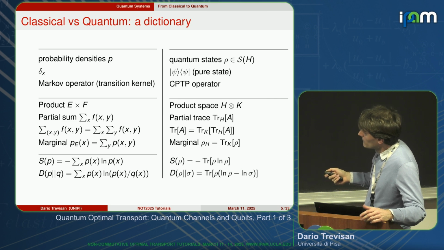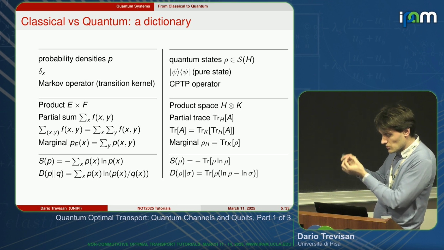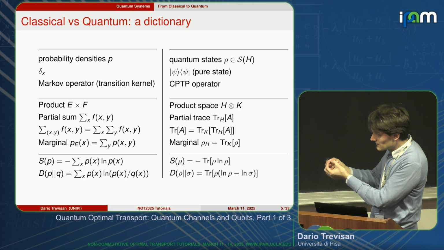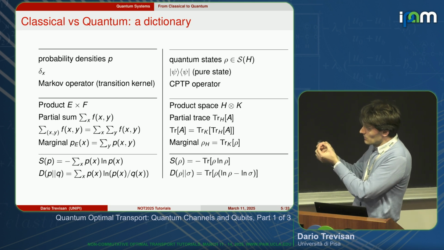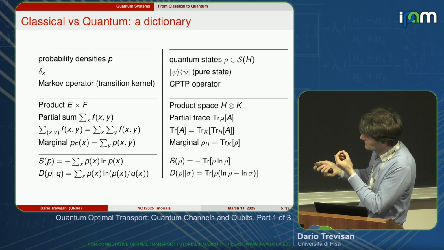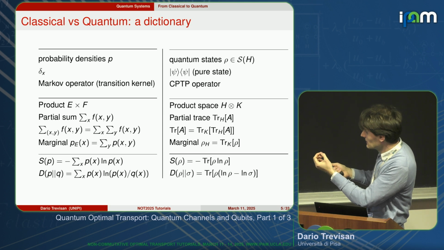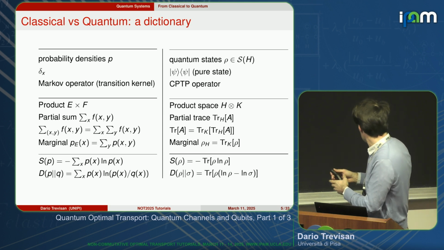Now, among these states, which are general, they correspond to general probabilities. There are special ones which correspond to the Dirac deltas at a point. And as I told you, points correspond to elements in the Hilbert space. So you just take the operator which is the orthogonal projection on psi, where psi has unit norm.